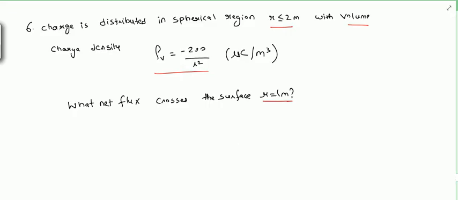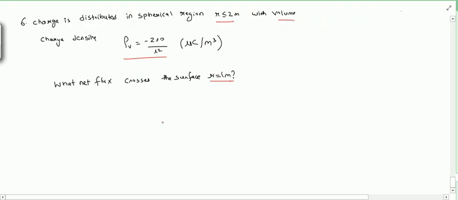Gauss law says that the net flux crossing through a closed surface will be equal to the charge enclosed by it. So this surface is of r less than 2, and its volume charge density is given as rho v by this relation.